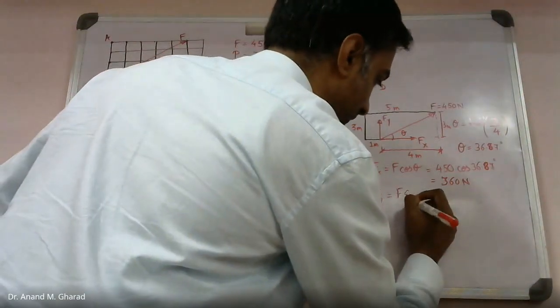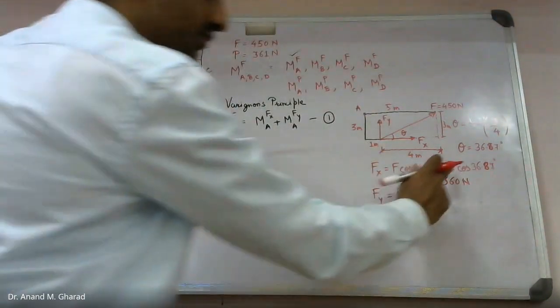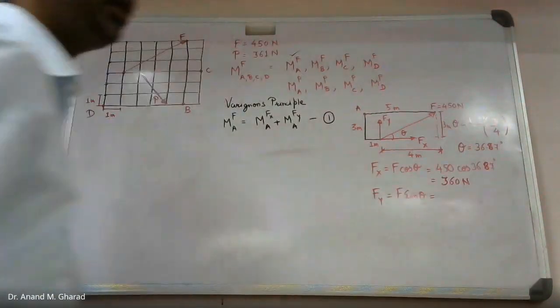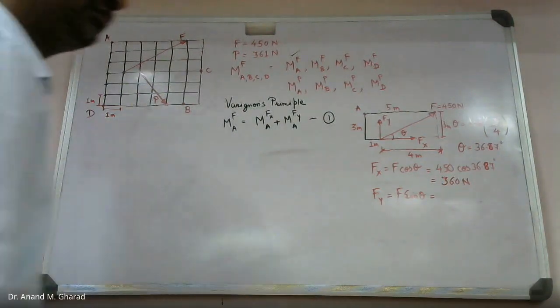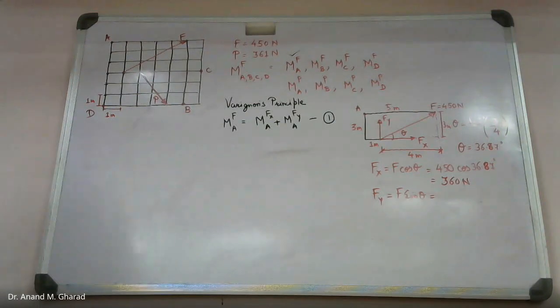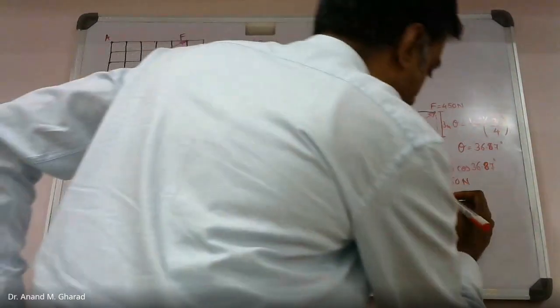F sin theta. Yes, F sin theta. So substitute the proper values, F is 450, theta is 36.87, and find out the Fy value. So 270 Newton.